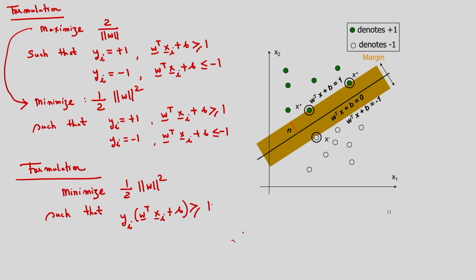So this condition we are considering. So for the solution of this, I have to consider the optimization techniques. So maybe we can consider the Lagrangian function. So let us move to the next slide. Solving the optimization problem.